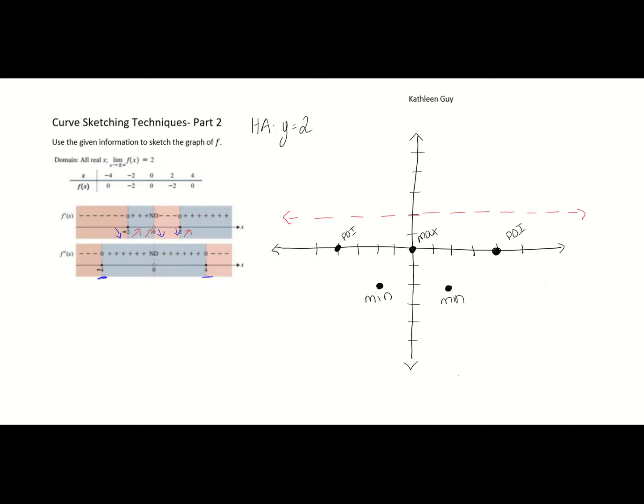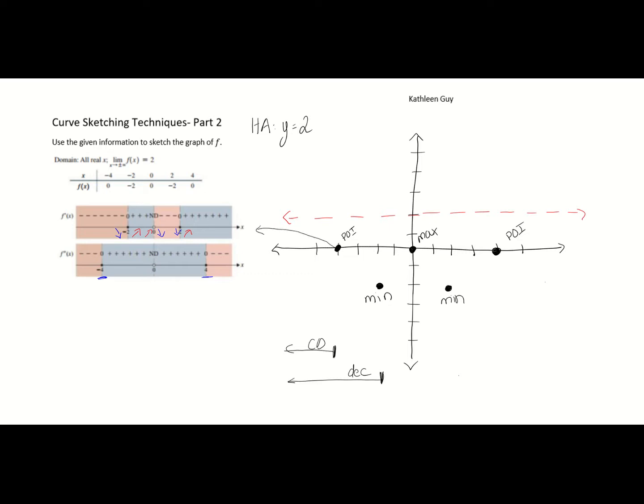So everything up until I hit my minimum, I'm going to be decreasing. And as long as I know how I'm starting, then when I hit my mins or my max, I will change direction. And before -4, I'm concave down. And then anywhere I hit a point of inflection, I'm going to change my concavity. So I'm going to be decreasing and concave down, and I've got to get closer to my asymptote.